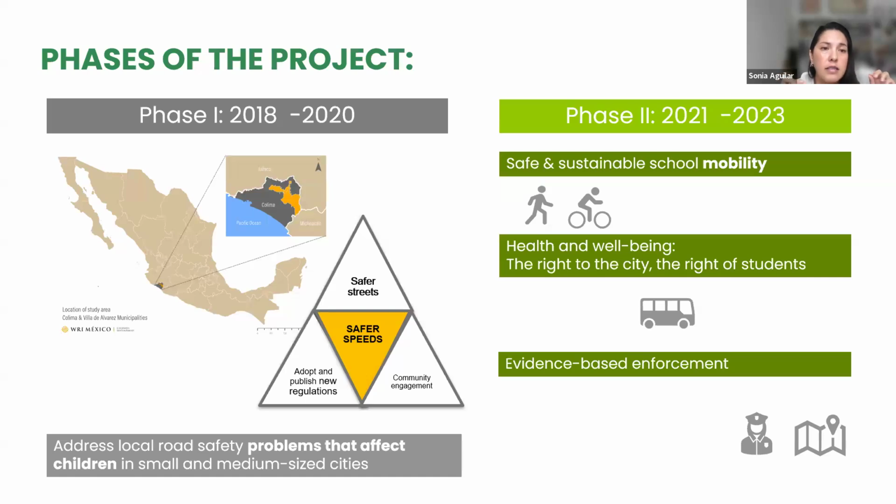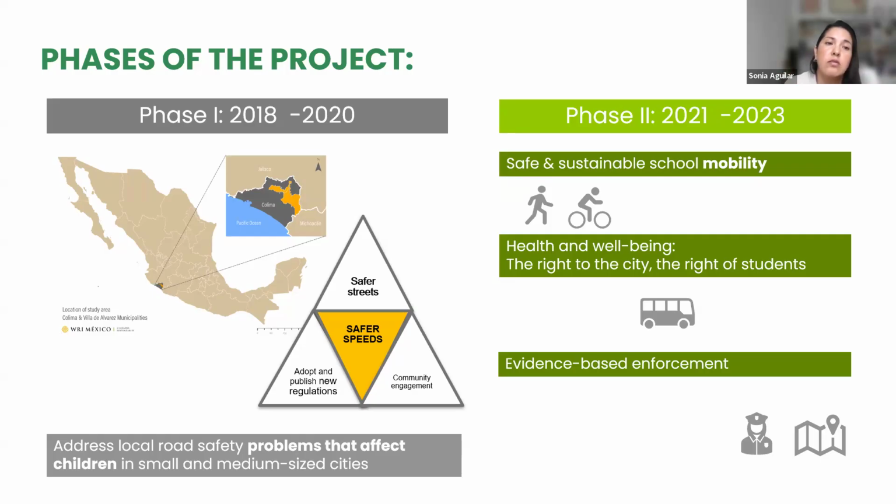We added a safe street component, basically to showcase how infrastructure can shift safe mobility in risk locations. Also, we had a component to adopt this as a local regulation rather than have it as a local project or a showcase.